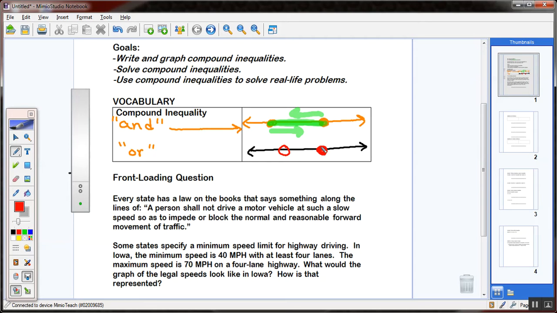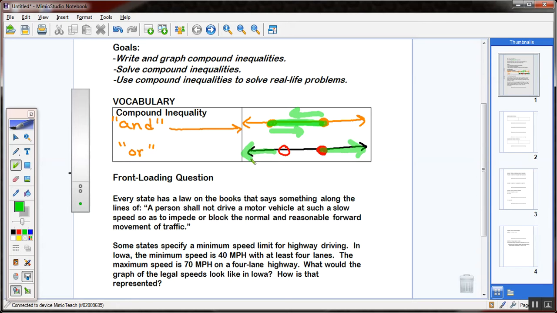But instead of overlapping between the 2 points, you might have a graph that goes this direction and a graph that goes this direction. Okay? And that would be a compound inequality that doesn't have any overlap. We're saying we're going to include all numbers, but we're not going to include the values in this interval right here.